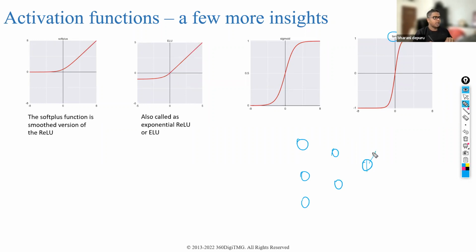Here, if you use activation function as tan H, whatever be the integration value it gets, when it supplies that to tan H, you'll get an output which ranges between 1 to -1. The value will range in between 1 to -1.